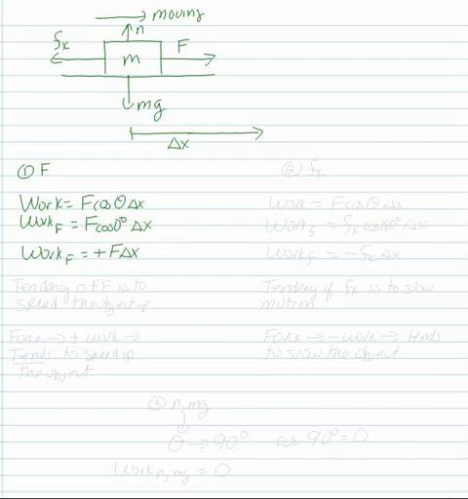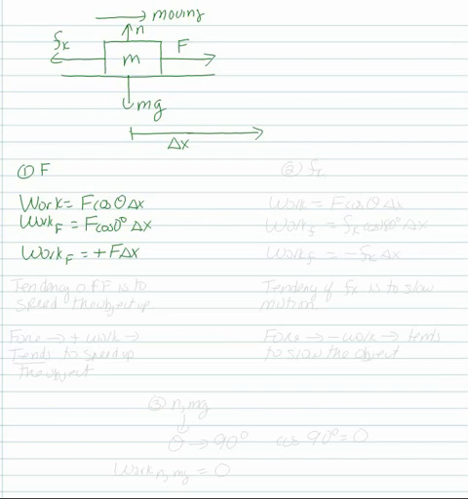So let's think about what is happening. The force F is acting in the direction of motion. The force F wants to speed the object up. I didn't say it does speed the object up. We don't know if the object is speeding up, slowing down, or moving at a constant velocity. There are other forces on the object.